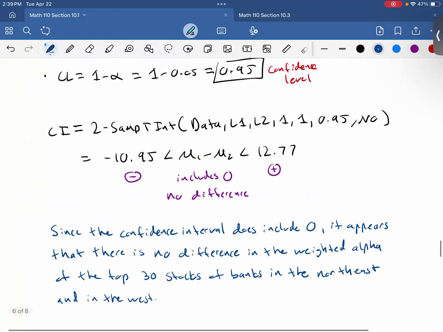Okay, so we found that there's no difference, meaning that the Northeast and in the West, their top 30 stocks are essentially the same.